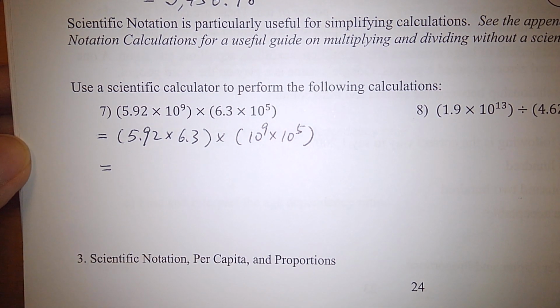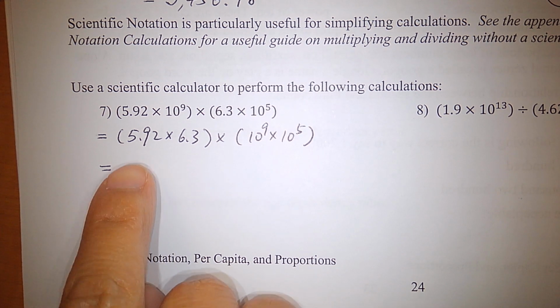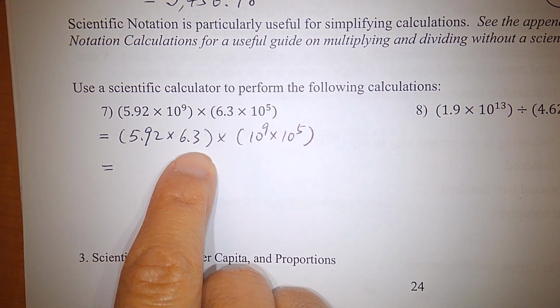Compute 5.92 by 6.3 and let me know your results. What did you get? What's your 5.92 times 6.3?